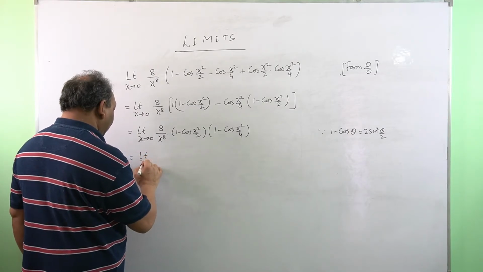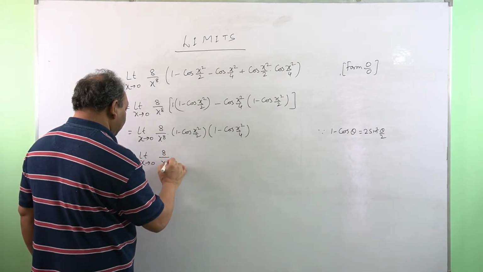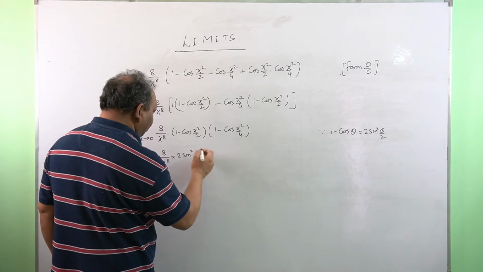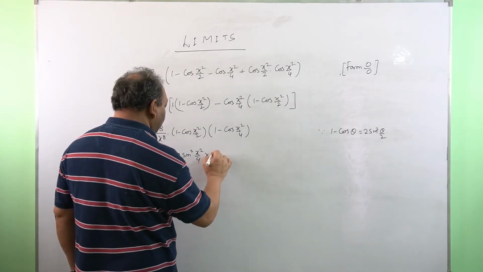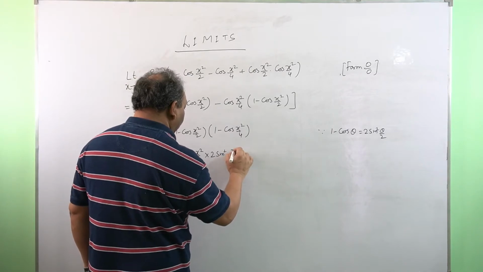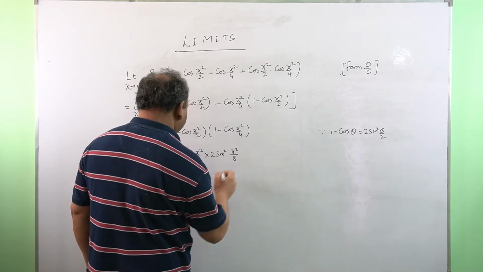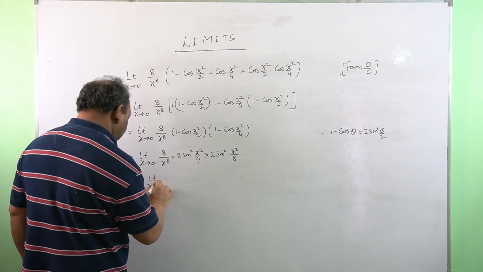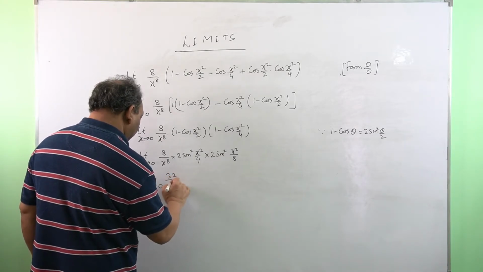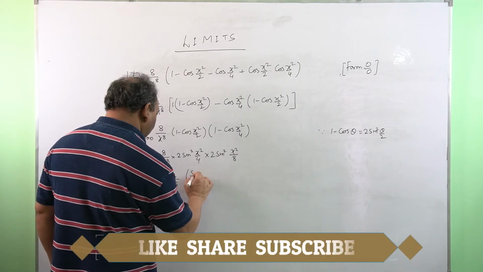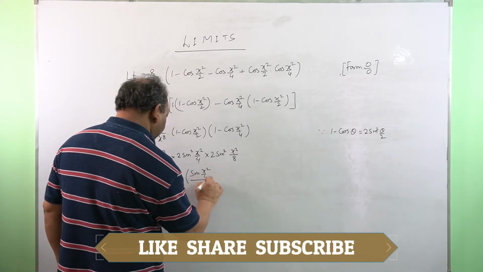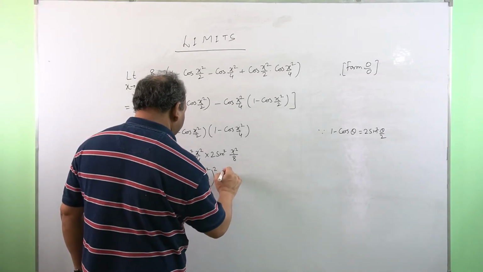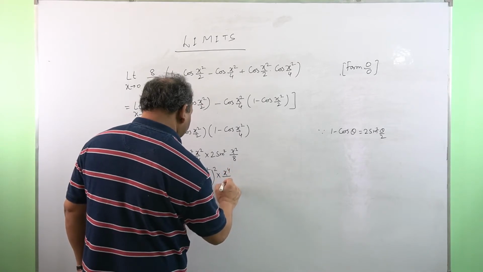Limit x tends to 0, 8 upon x raised 8 into 2 sin square x square by 2, means x square by 4, into 2 sin square x square by 8. 2 into 2 means 4. So 32 by x raised 8 into (sin x square by 4 divided by x square by 4) whole square, multiplied by x raised 4 by 16.